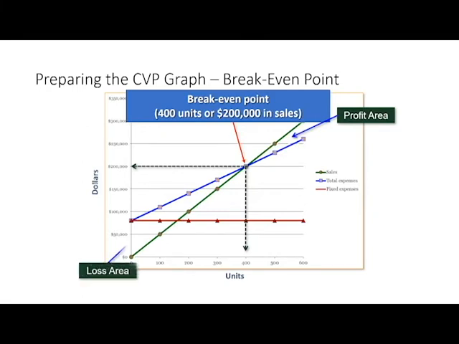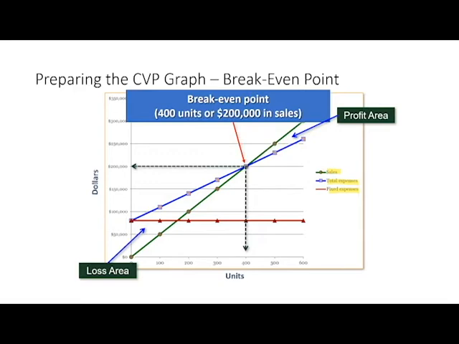So when you're preparing the CVP graph, after you plot the sales line, the total expense, and the fixed expense, you can find the break-even point.